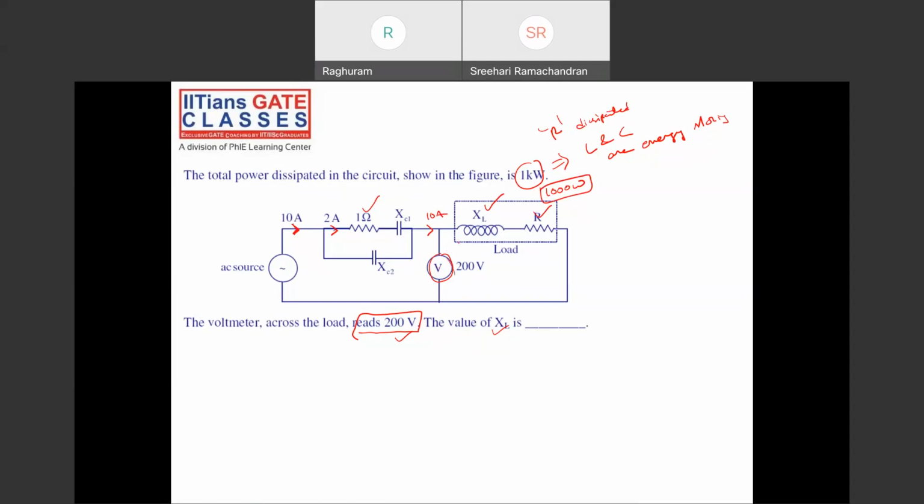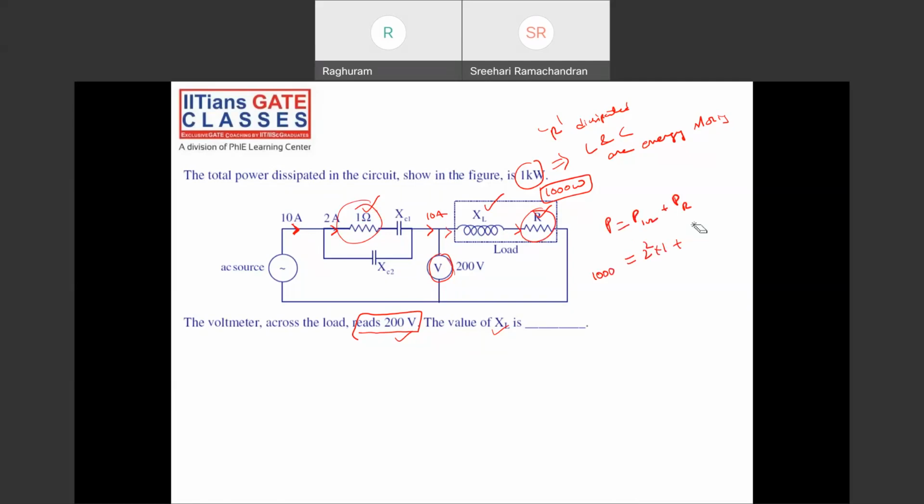This is a voltmeter, so these two are in series. 10 amps flows through this, right? So what is the power dissipation in only these two elements? Total power is P1 ohm plus PR, which is equal to 1000. P1 is I square R. Current is 2 amperes, resistor is 1, so 2 square into 1 plus PR.